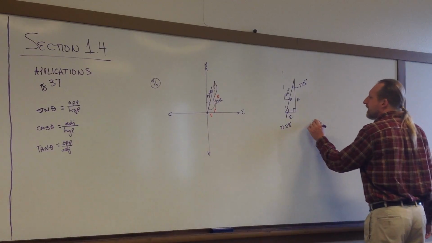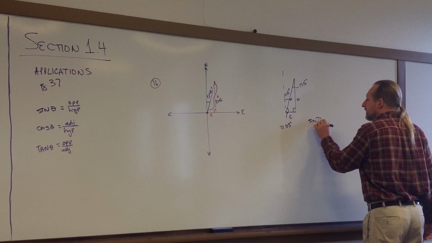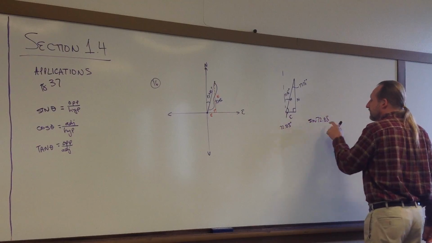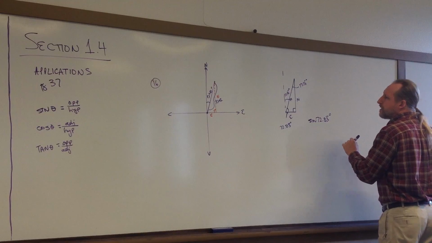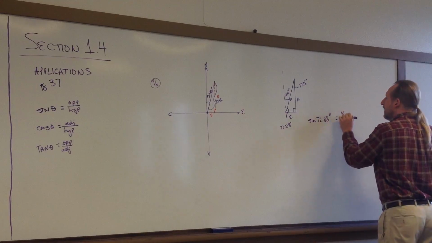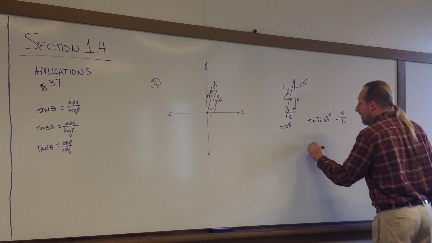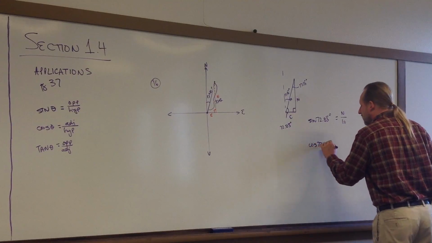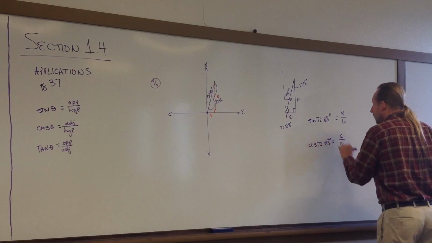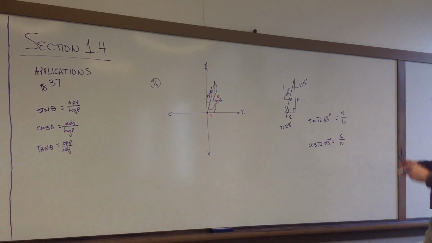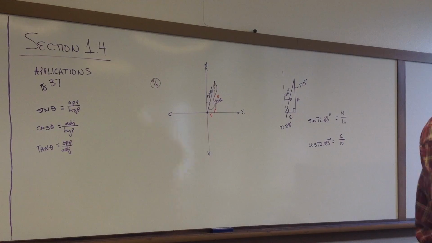We could say the sine of 72.83 repeating is going to be n over 10, and the cosine is going to be e over 10. Okay, so let's go ahead and calculate those.